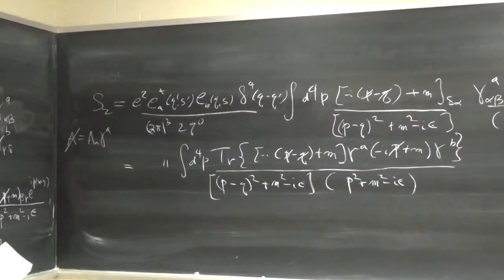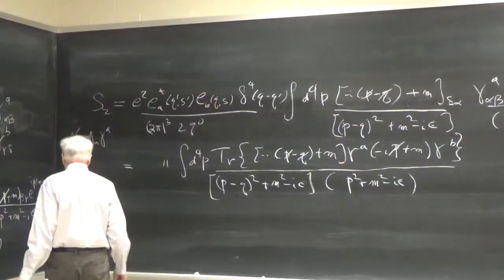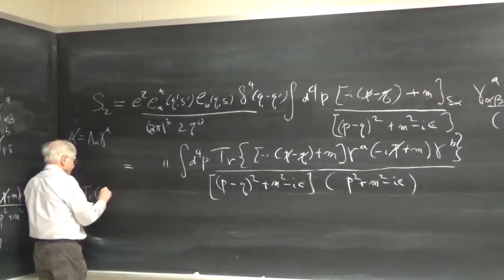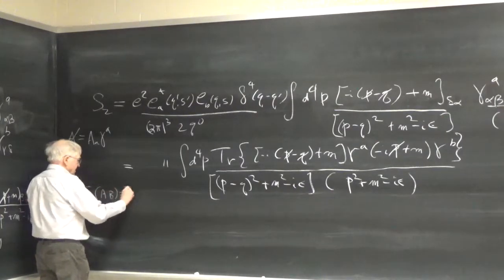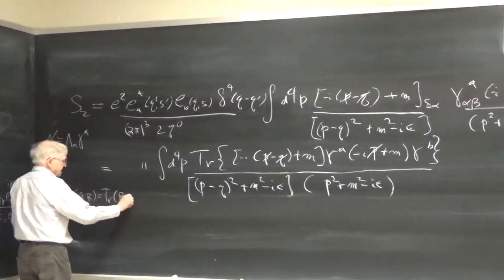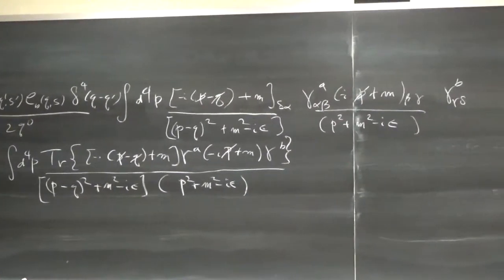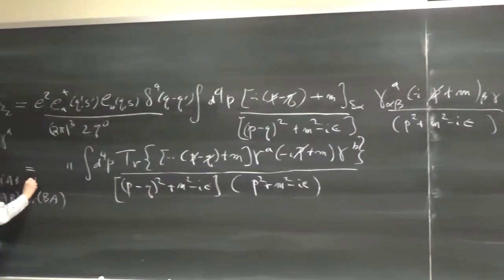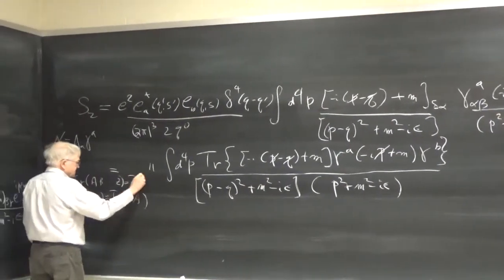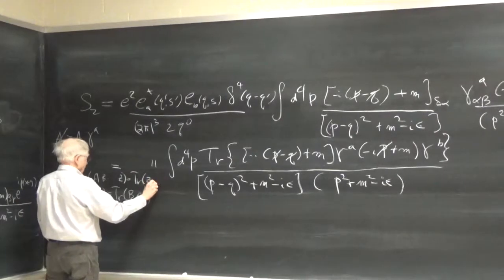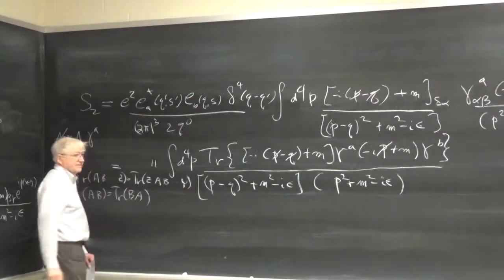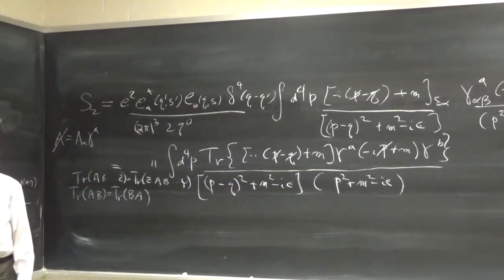Now, the traces, as you know, are very nice things algebraically. Trace of AB is trace of BA, which follows from a more general result. Trace A, B, dot, dot, dot, Z is trace of Z, A, B, dot, dot, dot, Y. Okay.